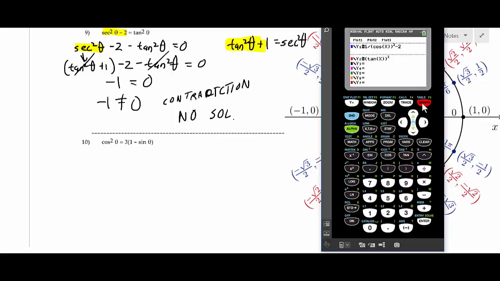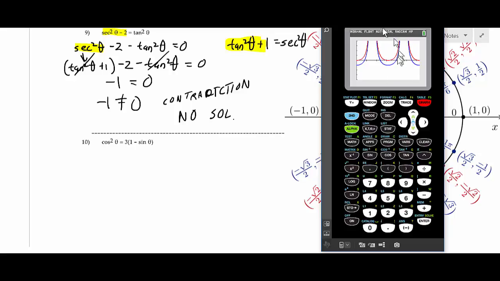So if I type graph now, here's what happens. What's coming out right now is the graph of the left side of the equation. That's the graph of secant squared theta minus 2. That's a secant shifted down 2. Now, out comes the tangent squared like this. This is a neat problem. Now if you look at that, are those things intersecting?